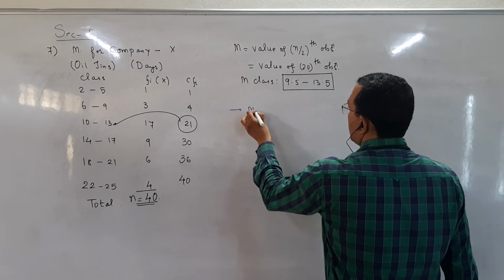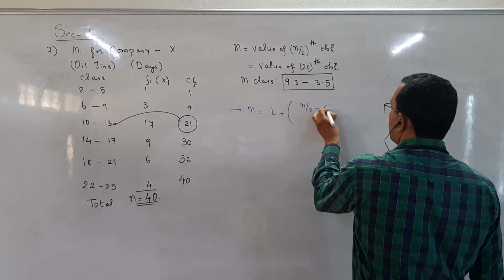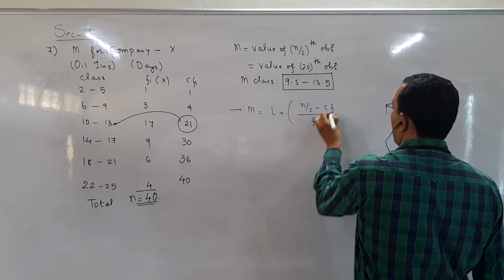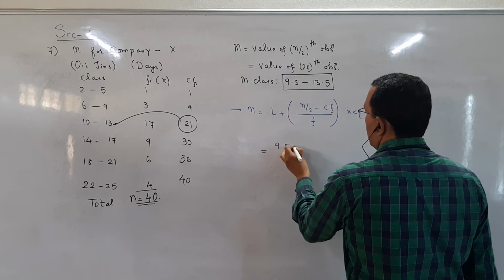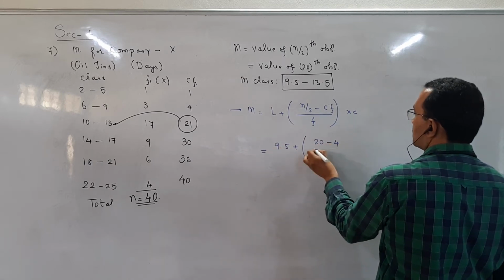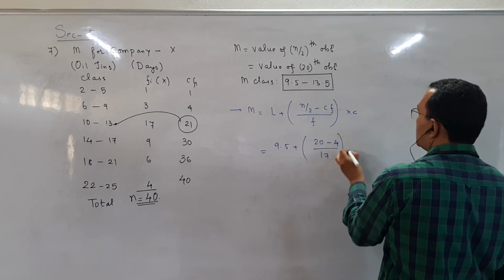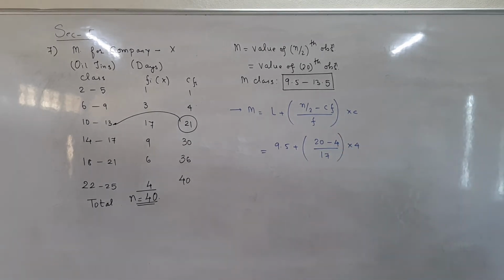So median is equal to L plus n by 2 minus CF upon f into c. L is 9.5, n by 2 is 20, minus 4, upon 17, and the class length is not 3 but 4.